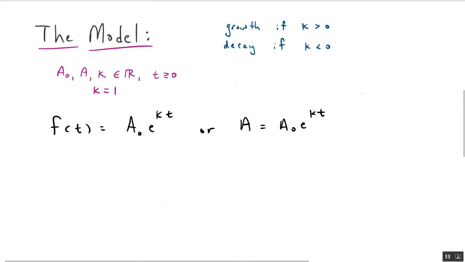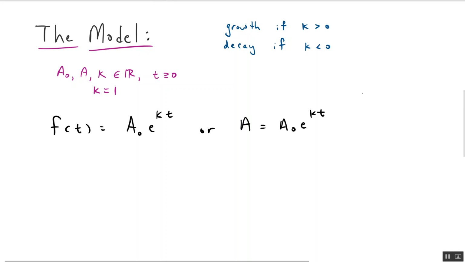It could be a population of rabbits. It could be the decay. If you're talking about a decay model, it could be radioactive decay, or it could be decay of carbon-14. That's a classic example. There are a lot of decay and growth models that can be very well described by this simple model here.